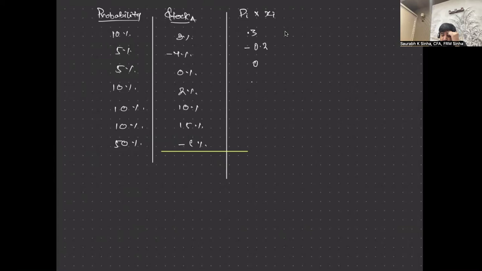Then this will become positive 0.2. This will become 1. This will become 1.5. This will become minus 4. And then you sum again. So minus 0.2 plus 0.3 is 0.1... Well, let's check the values. The answer will be minus 1.2.